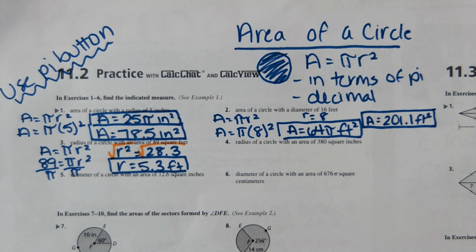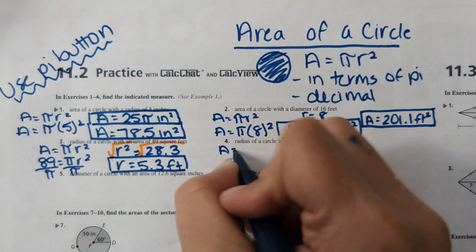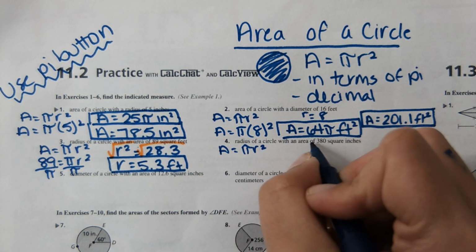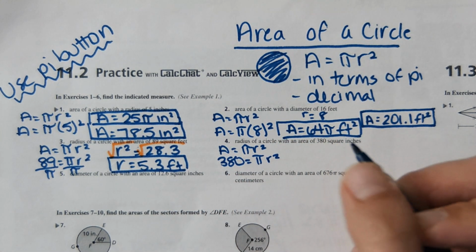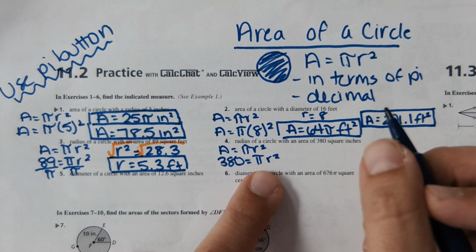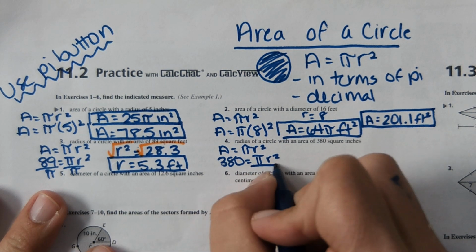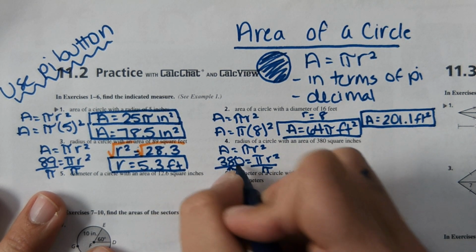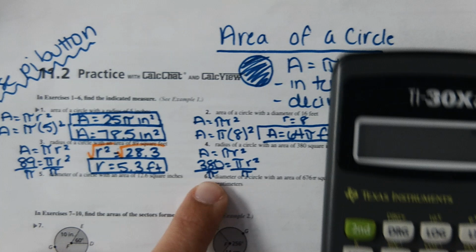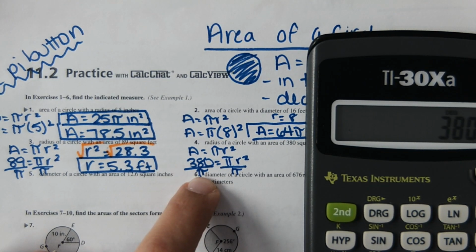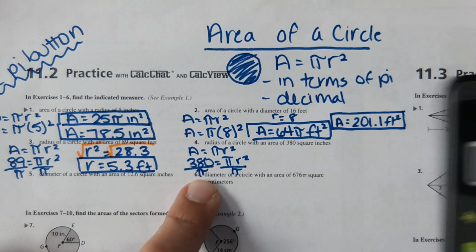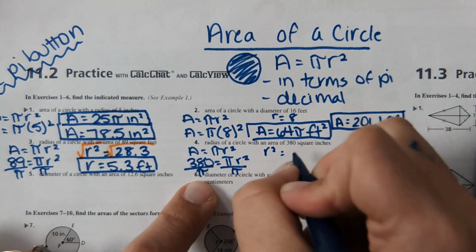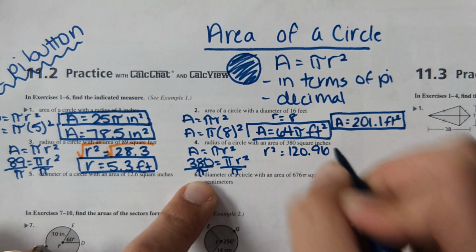Okay, we'll do one more like that here. Area equals pi r squared. Says the area is 380, so 380 equals pi r squared. We're trying to solve for radius, so we need to get r by itself, so we divide both sides by pi. 380 divided by pi equals 120.96. R squared equals 120.96.